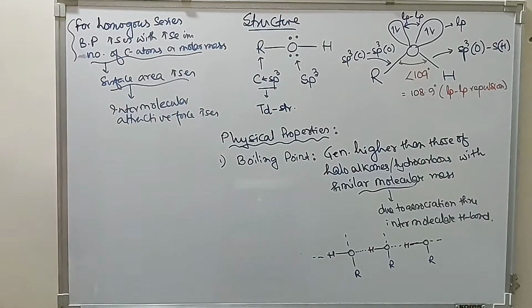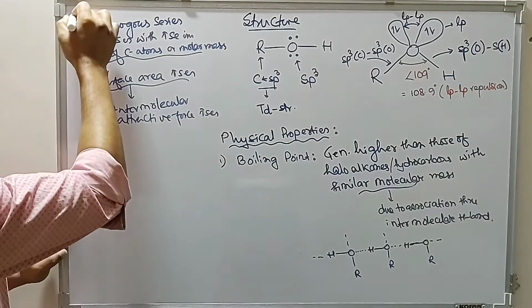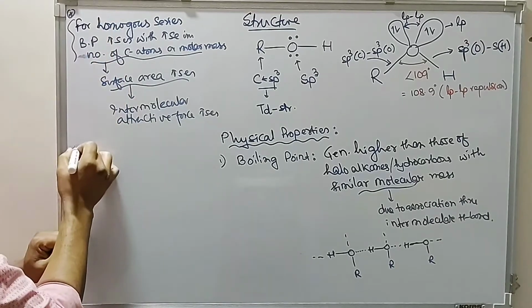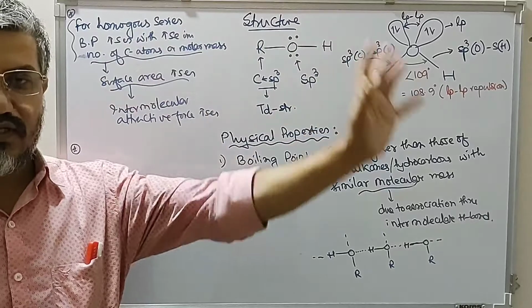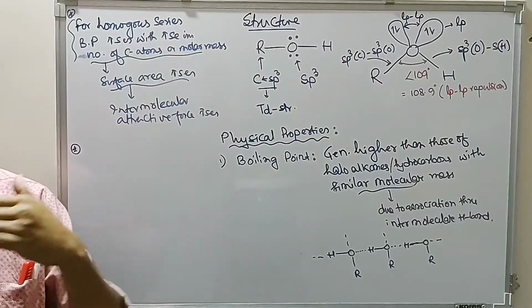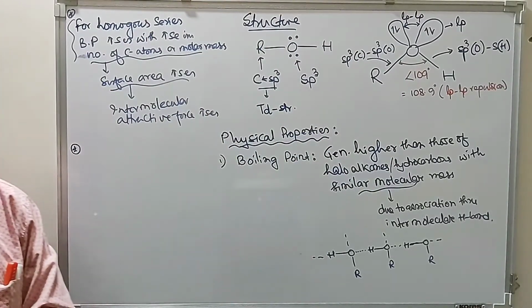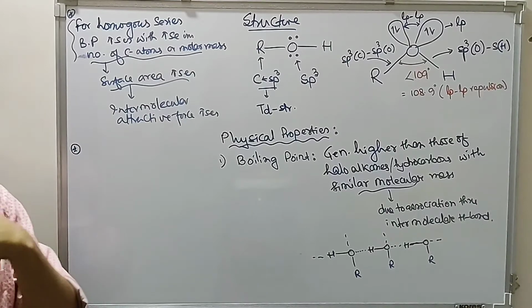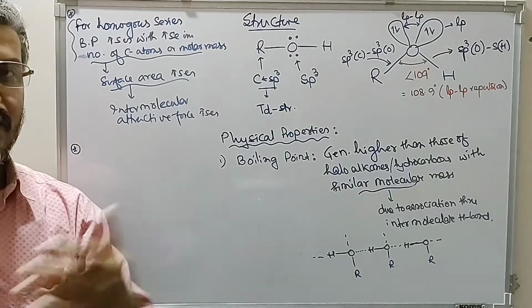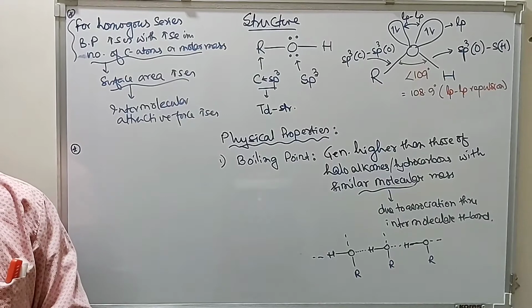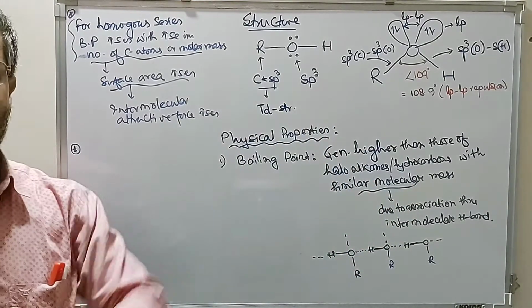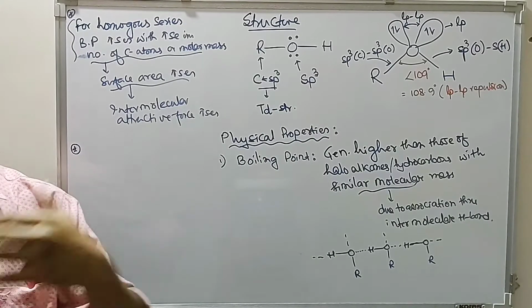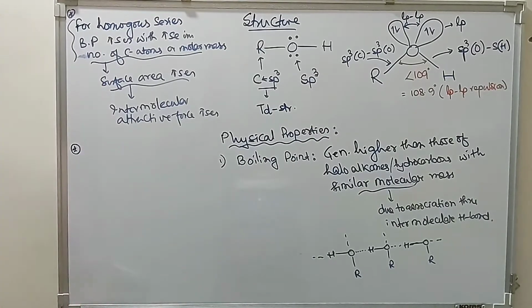This is for homologous series. Now coming to isomers, same trend we have given in alkyl halides also. For isomeric alcohols, the boiling point increases as the surface area increases, or we say with increase in branching, the surface area decreases, boiling point also decreases.